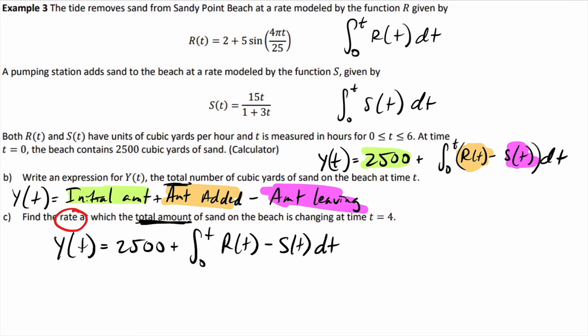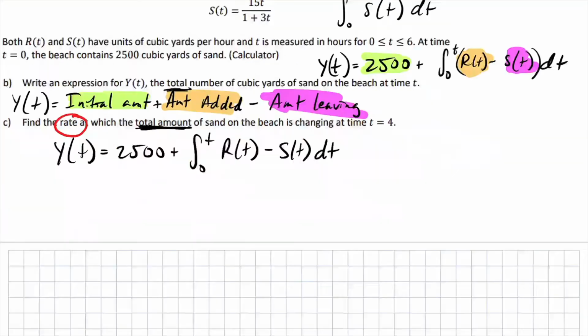Well, we've already said we're going to find the total, so that's why we had y of t. Rate means we're finding the derivative of it. So let's find the derivative of y of t.